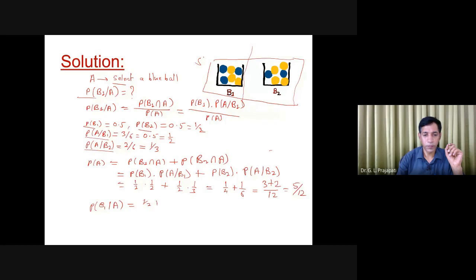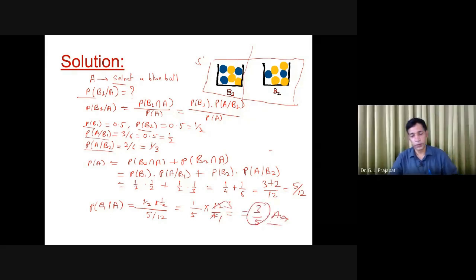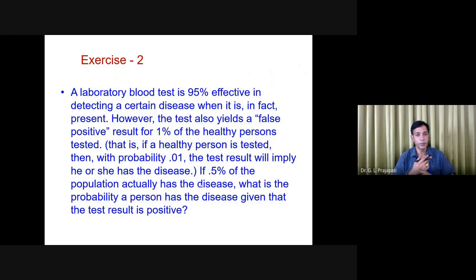This is 1 by 2, multiply by probability of A given B1, is again 1 by 2, divided by 5 by 12, and this is 1 by 5 multiply by 12 by 4, and this is the answer. So this is the use of your Bayes theorem. Now you can solve this problem.